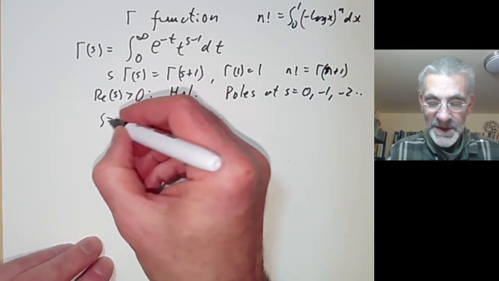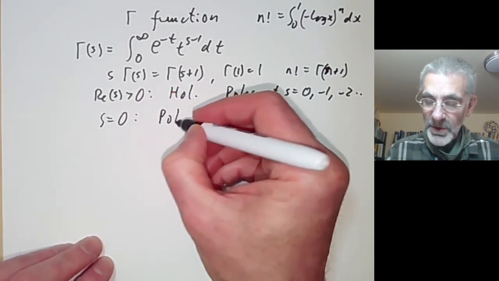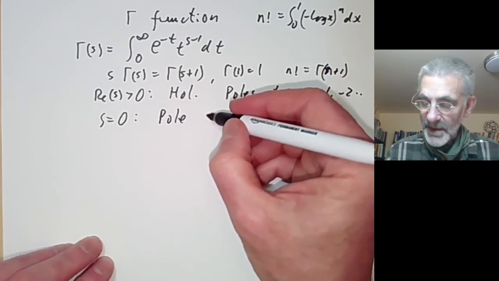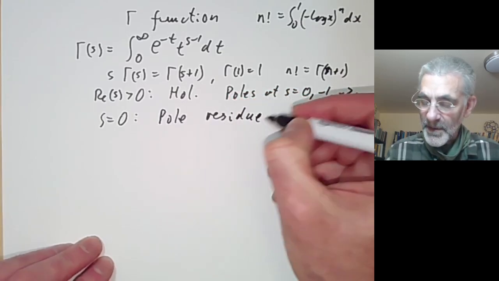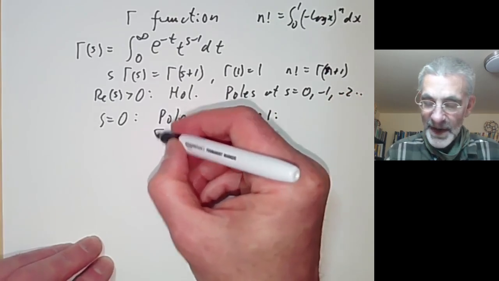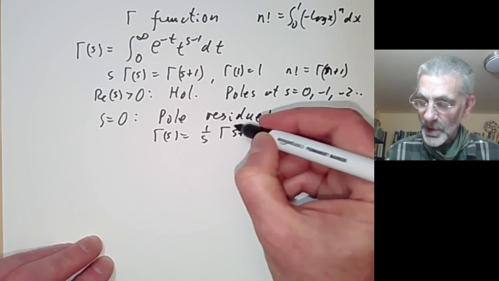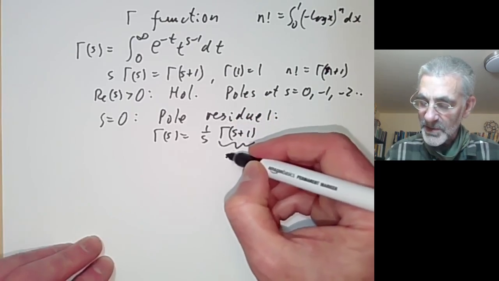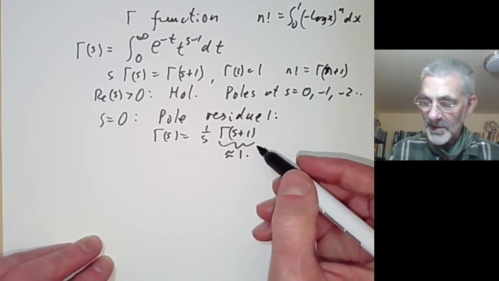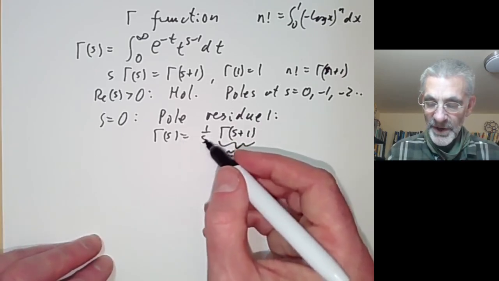So at s equals 0, the pole has residue 1, because we have gamma(s) is equal to 1 over s times gamma(s+1), and this bit here is approximately 1 when s is 0, so it looks like 1 over s.